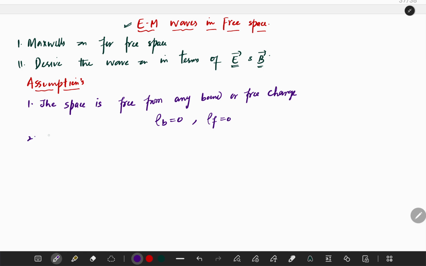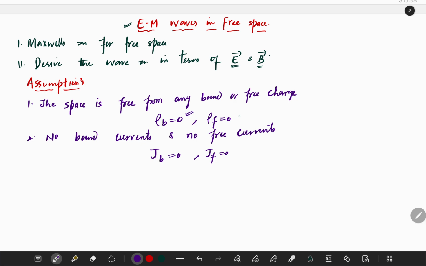Second, there are no bound currents and no free currents. Both are zero: J bound equals 0 and J free equals 0. These are the two very important assumptions.